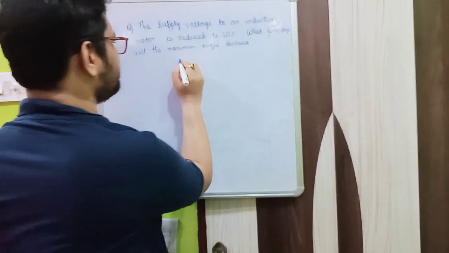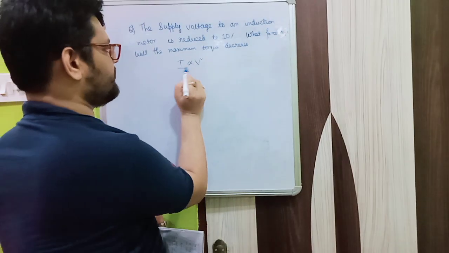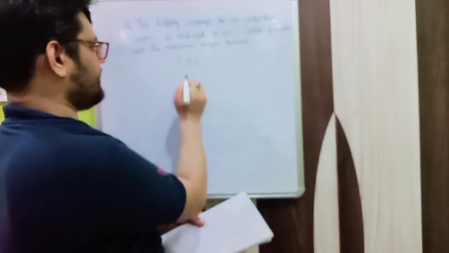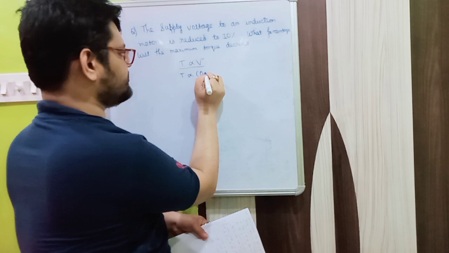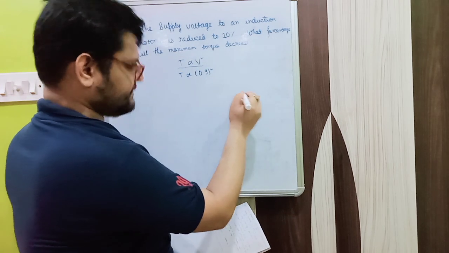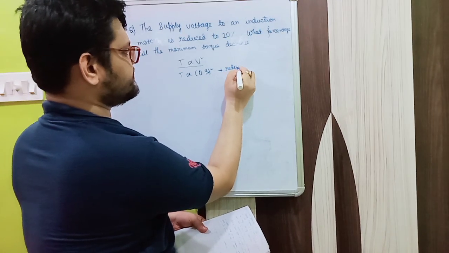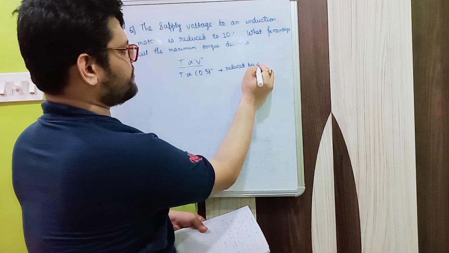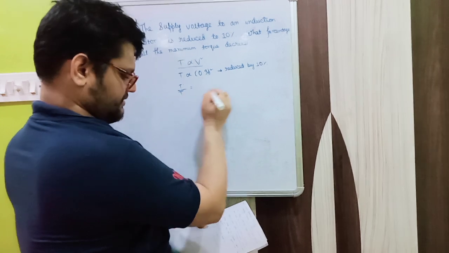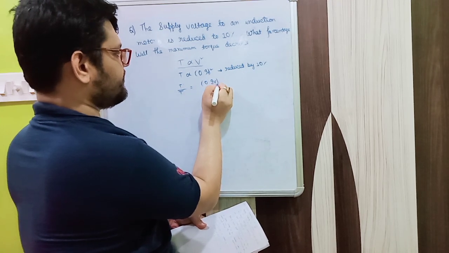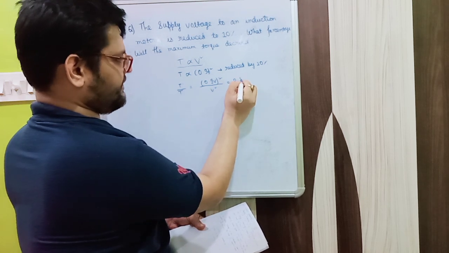We know that the torque T is directly proportional to V squared. Now the voltage is reduced by 10%, so T is proportional to 0.9 V whole squared. So T dash by T is equal to (0.9 V) squared by V squared, that is 0.81.